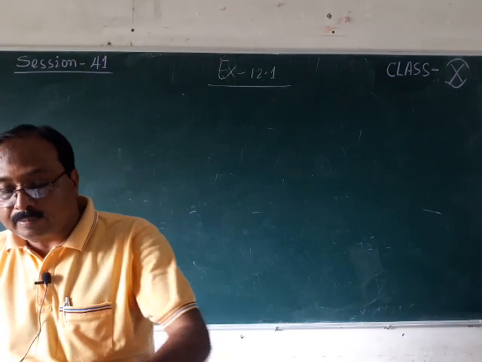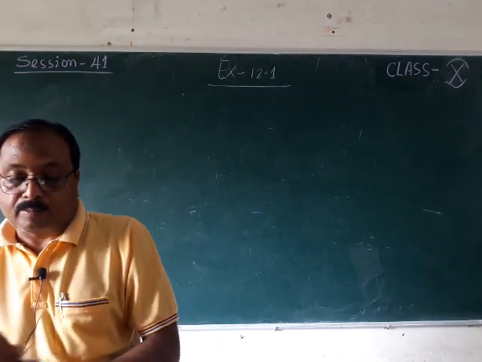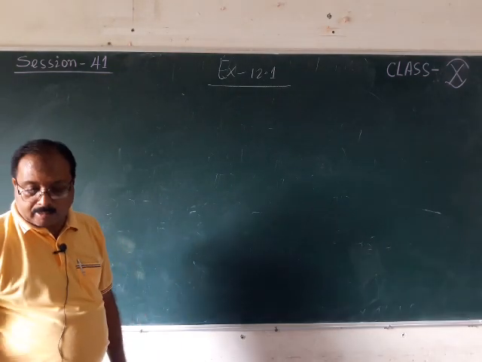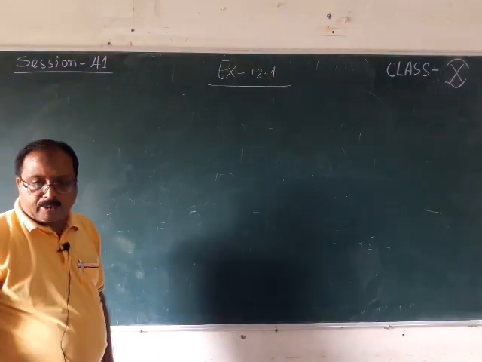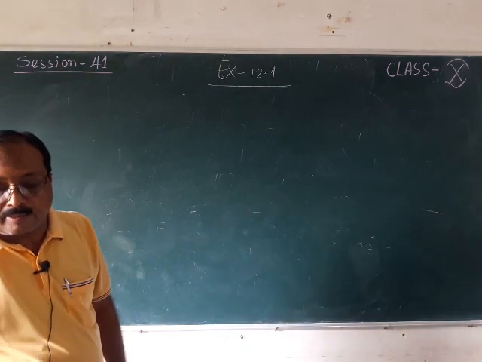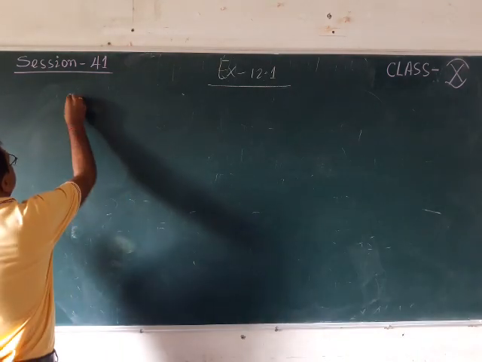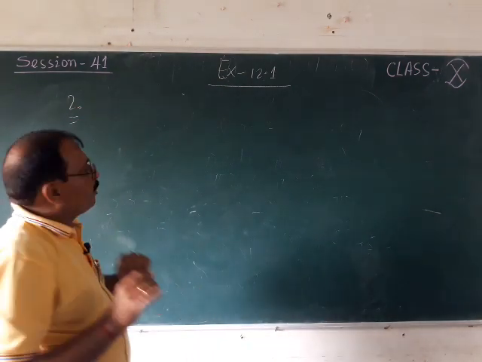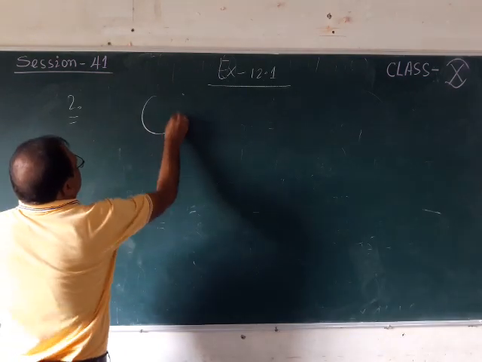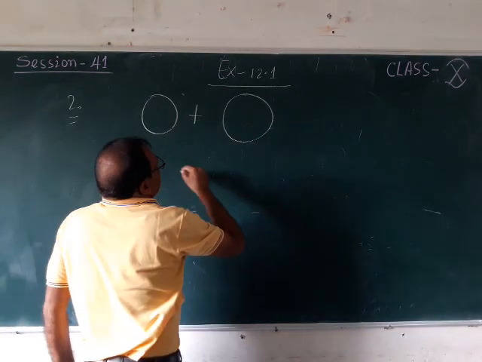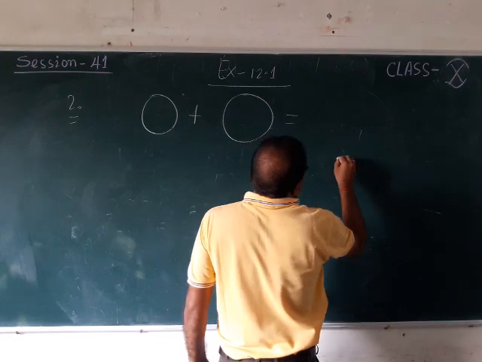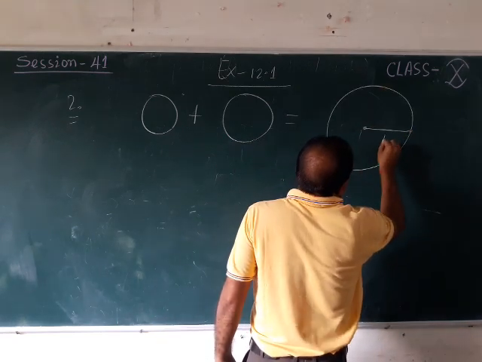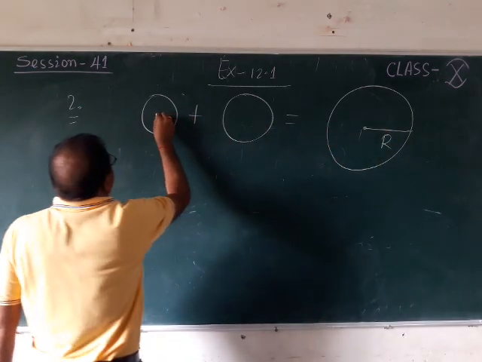What do you want to find there now? Radius. But here the condition is different. In question number 1 circumference was given, but here in question number 2 what is given? Area is given. So the condition is likely the same as question number 1, but here again two circles you are having, one circle, two circle, and you are adding them to get a bigger circle, and here I am writing the radii as I did in question number 1.